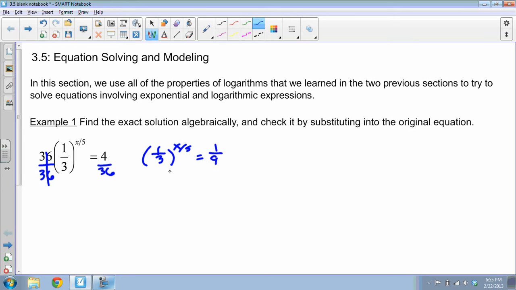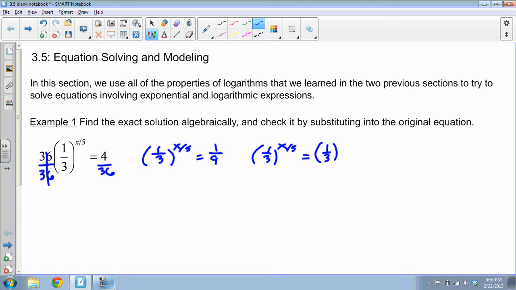Now it's really helpful for me to continue to write this 1 over 9 as a fraction because can you think of a relationship between 1/3 and 1/9, something that we could do there? Isn't it true that we can rewrite 1 over 9 as 1/3 to some power?